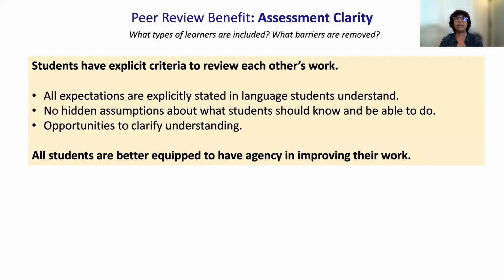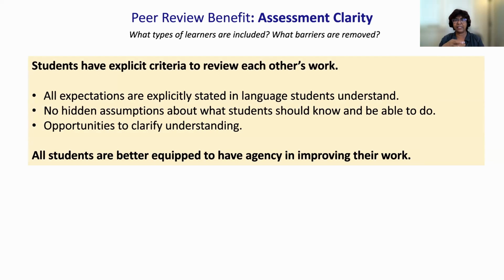So assessment clarity. This is probably, as you'll see also in some of the research I'll share with you in a bit, where sometimes peer review can fail, right? But if students have explicit criteria to review each other's work, then what we're doing is taking away the mystery, right? All the expectations are explicitly stated.